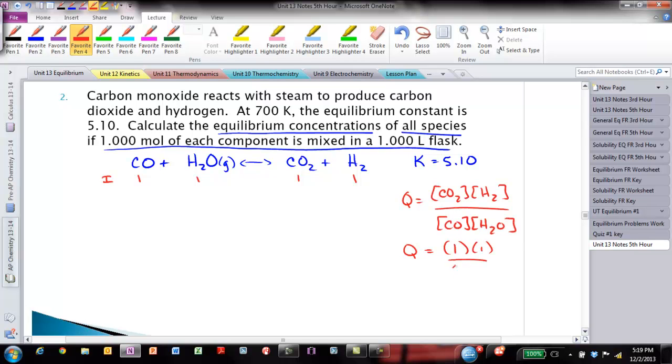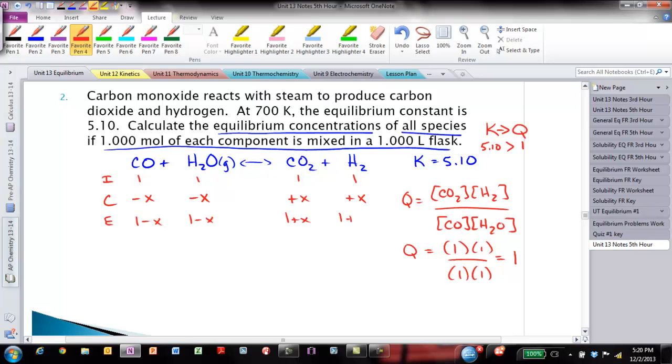Hopefully it won't take you very long to figure out that those are all 1s. So Q is 1. If we compare K to Q, K is bigger than Q, 5.10 versus 1, so the reaction is going to go to the right. So the reaction is going to shift right, which means that when we get to our change line, we're going to go minus x, plus x, plus x. It's very important to be able to tell which direction you're going, otherwise everything's going to be messed up.